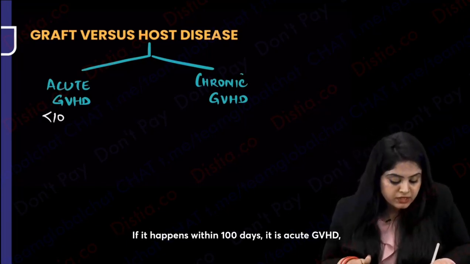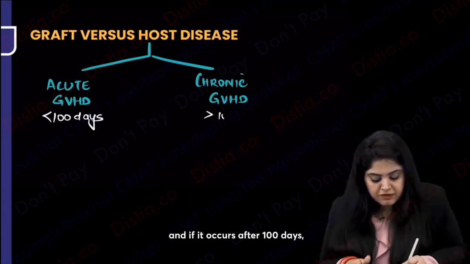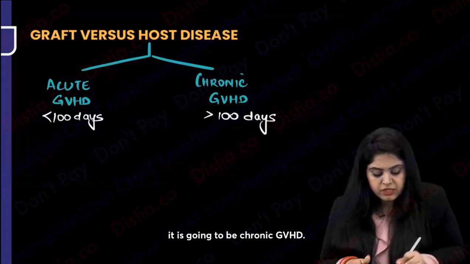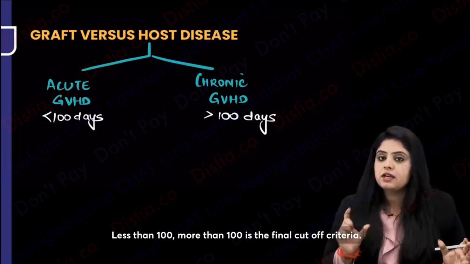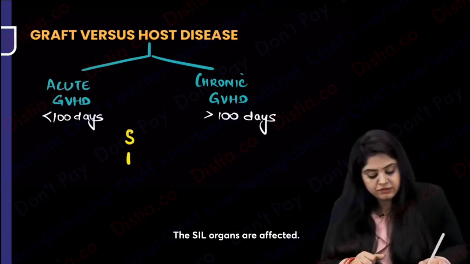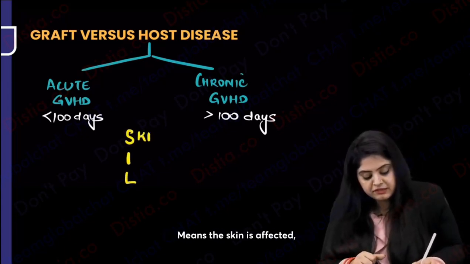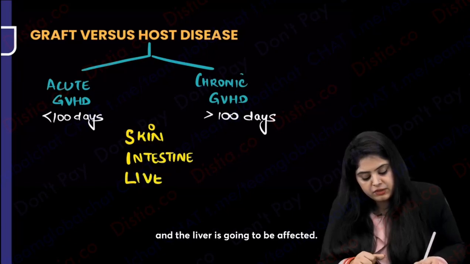If it happens within 100 days, it is acute GVHD. And if it occurs after 100 days, it is chronic GVHD. Less than 100, more than 100 is the final cutoff criterion. And what is going to be affected? The organs affected are the skin, the intestine of the recipient, and the liver.